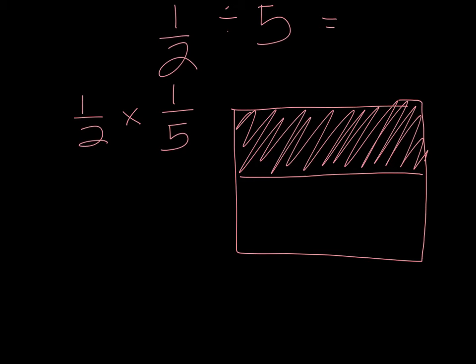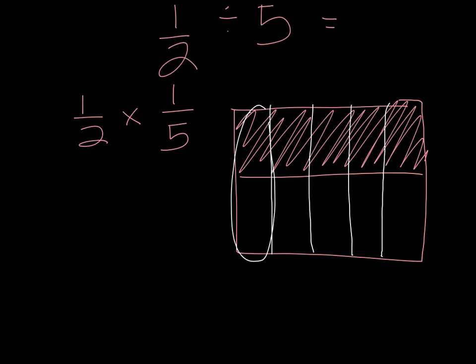And then I'm going to split it into fifths so that my fifths and my halves are represented. And then I'm going to take one of those fifths, which is this piece right here, because my fifths were running vertically like this, as you can see. So I took one of those fifths.